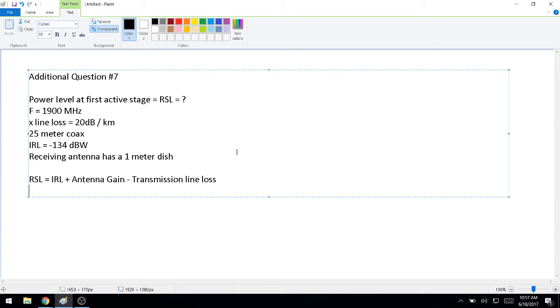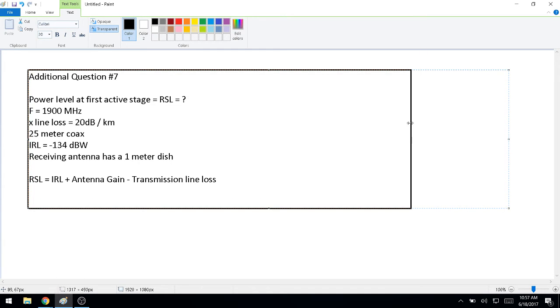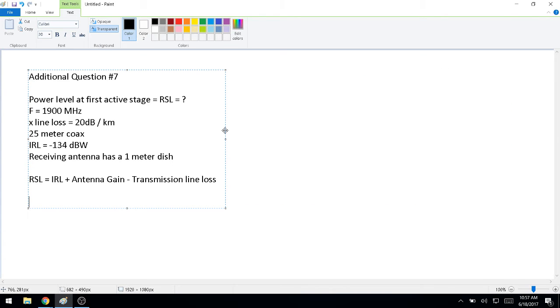And so this is similar to the practice question 18 because we have transmission line loss. So our line loss, we've covered that it's 20 dBs per kilometer of cable, but we're only using 25 meters. So this is similar to practice 18 because we have defined the actual amount of loss that we experience.